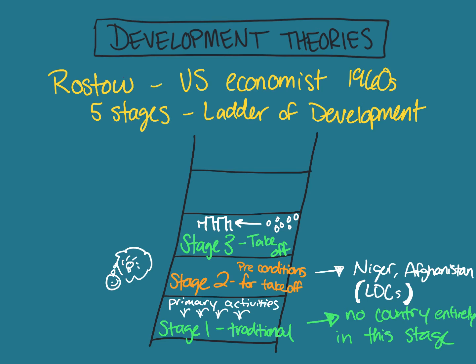So you're starting to develop. People are leaving the rural areas because there are starting to be better jobs in the cities where the factories are. And you're starting to see just the growth of cities, okay?